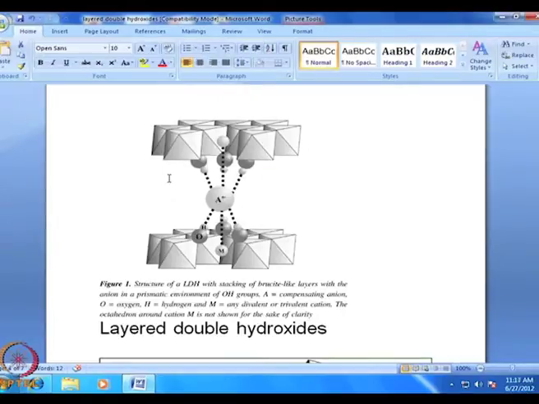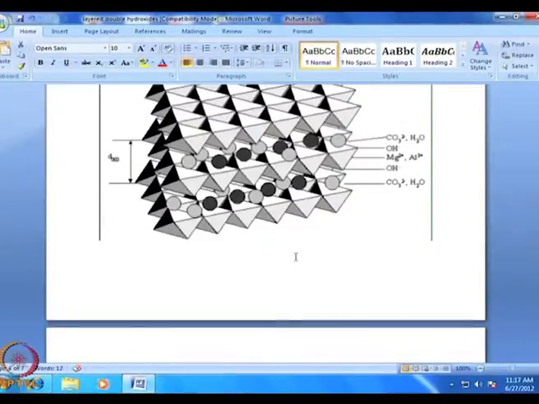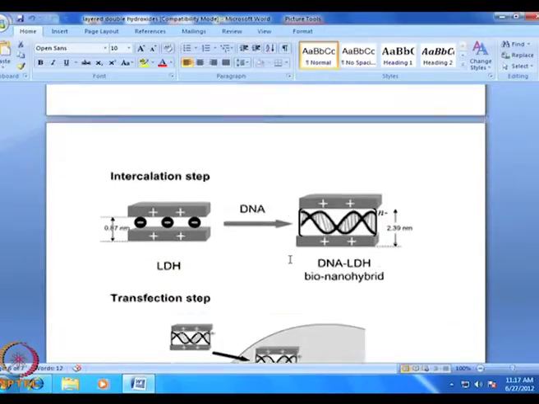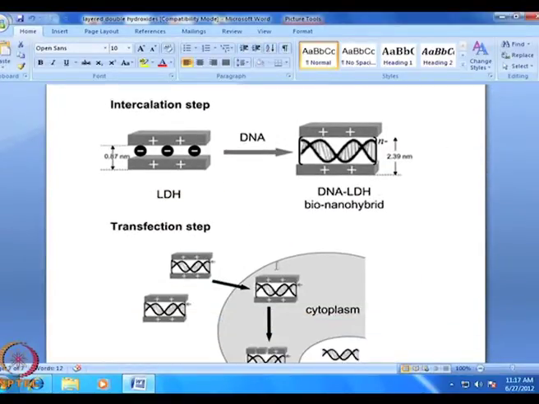You see, why am I bringing all this in? LDH, use of layered double hydroxides, permits us to do things like this. That is, I can form bio-nanohybrids.